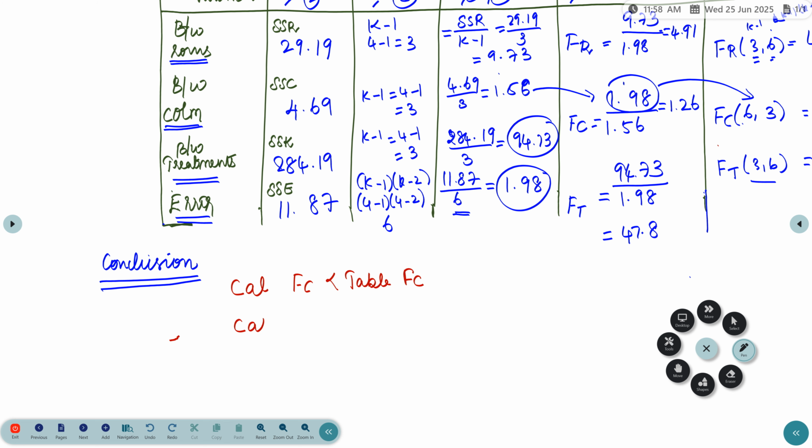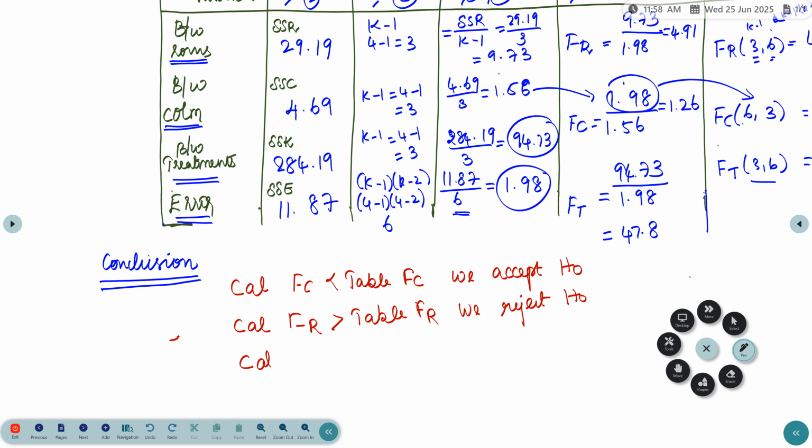Next, calculated FR is greater than the table value, so we reject H naught, and automatically we accept H1.